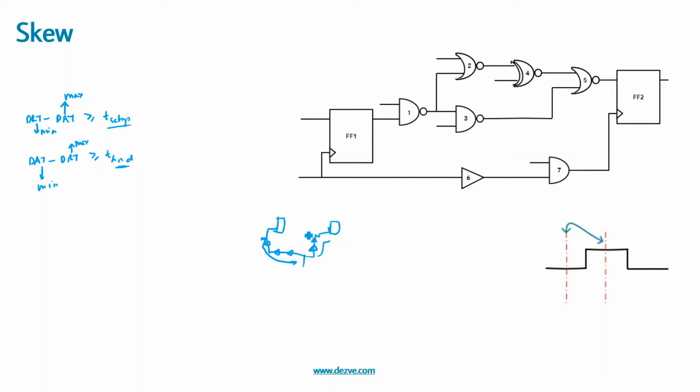So what we are trying to say now, how do we account for this skew in our analysis, correct? Now in our case, for setup, we are trying to delay the data path as much as possible while making the clock path as fast as possible, and still meeting the setup.